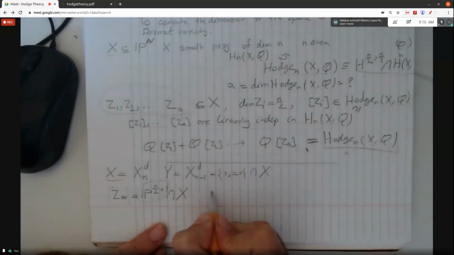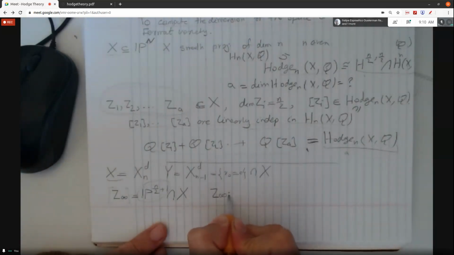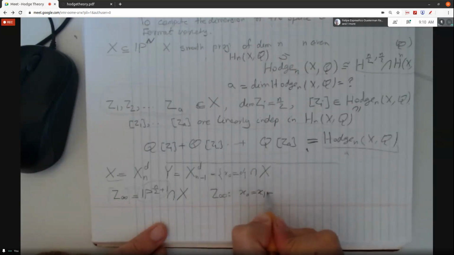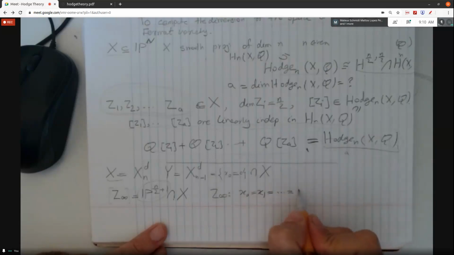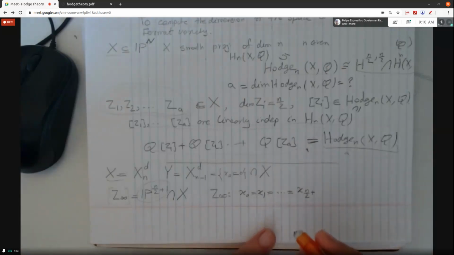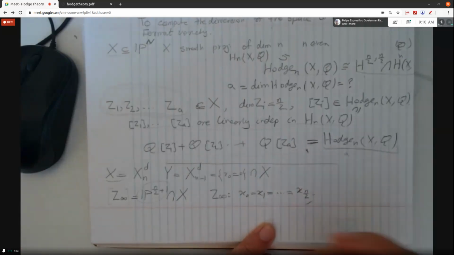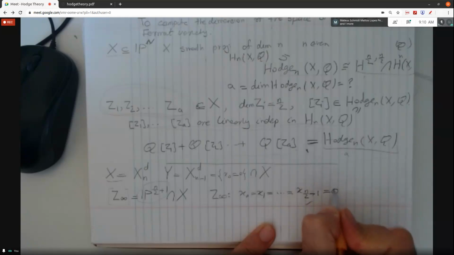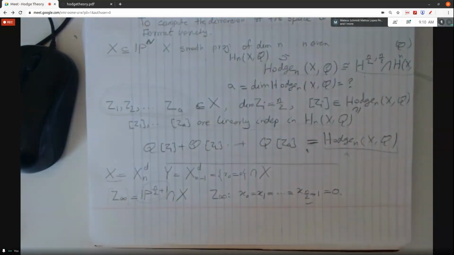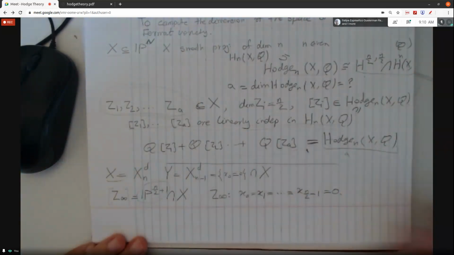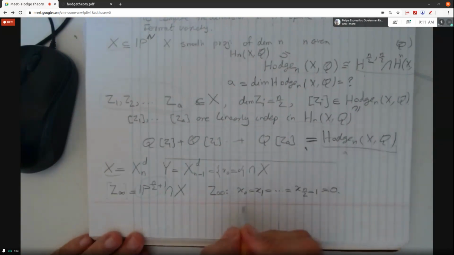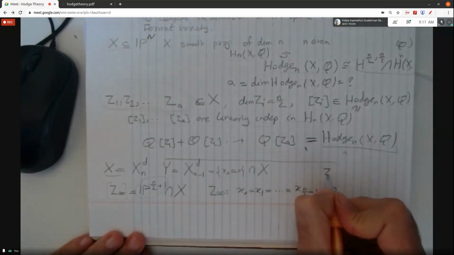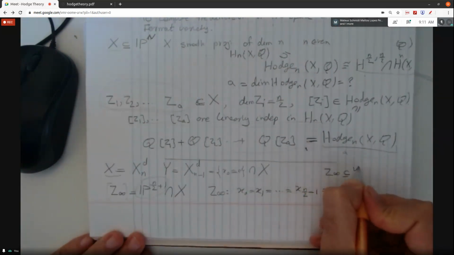For example, I will take Z infinity to be given by x0, x1, until x_(n/2) minus 1 equal to 0. And in the way that I have chosen this Z infinity, of course, it is inside my Y.